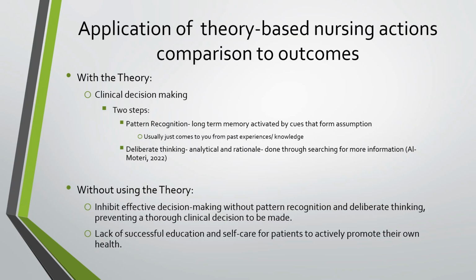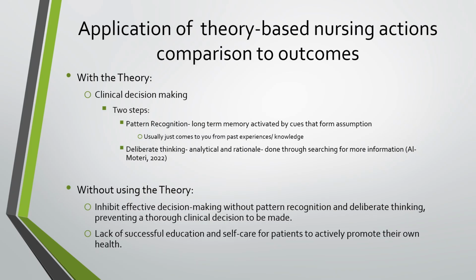Application of theory-based nursing actions in comparison to outcomes. With processing theory, clinical decisions occur in 2 steps. The first, pattern recognition. In pattern recognition, long-term memory is activated by a cue that forms assumptions. Cues tend to come from past experiences or knowledge. And the second step is deliberate thinking, which is an analytical and rational use of knowledge, searching for more information to support decisions.